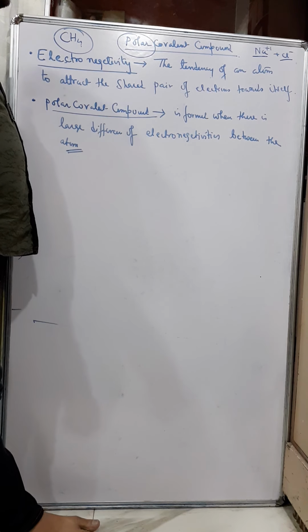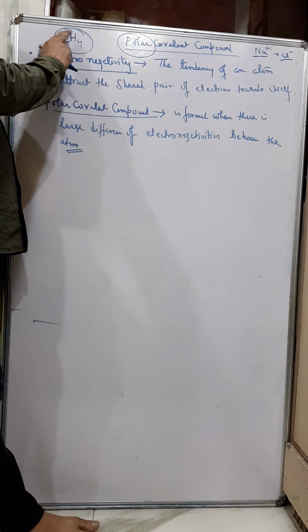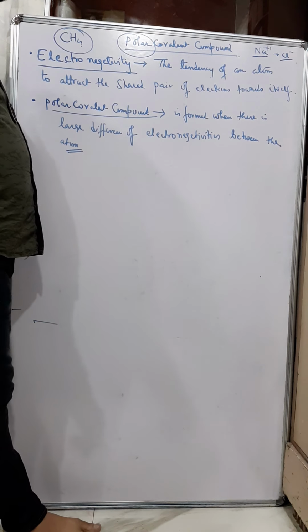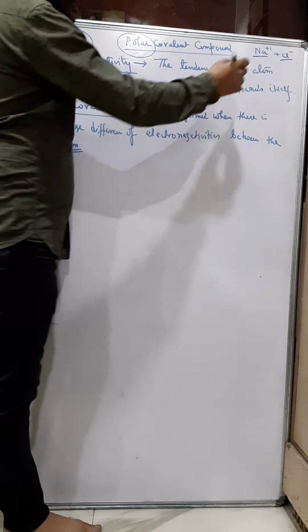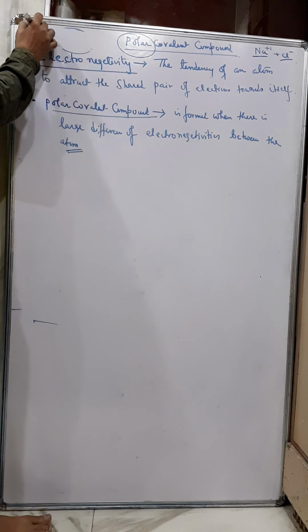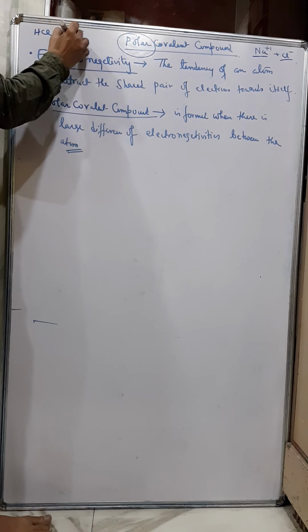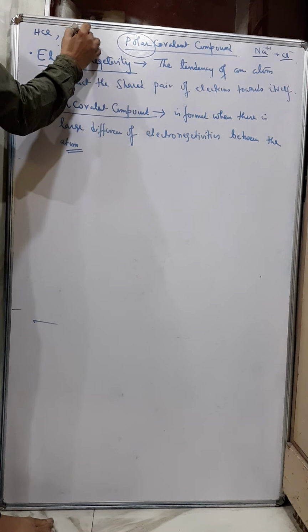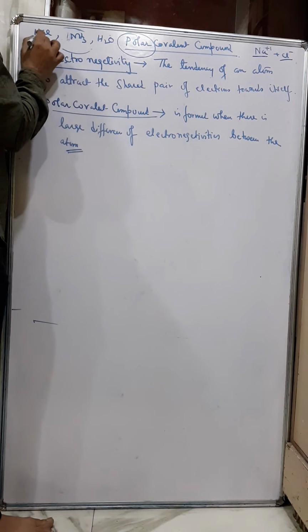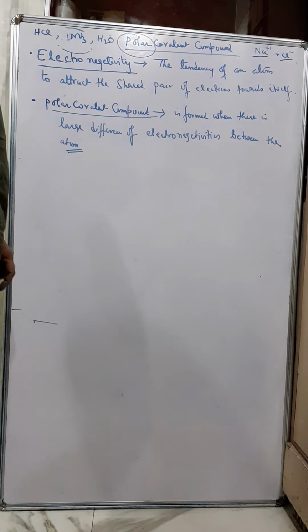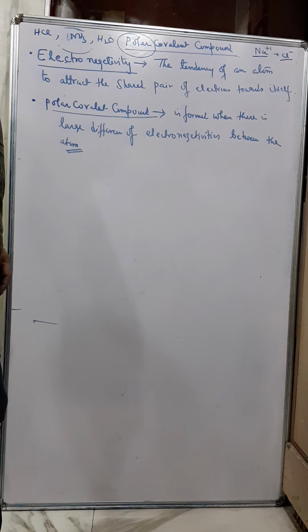But there are certain covalent compounds which have slight charges in them. Say for example HCl, ammonia, in fact water. So all these are polar covalent compounds. That means they have slight positive and slight negative charges in them.